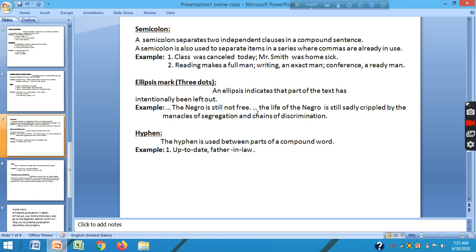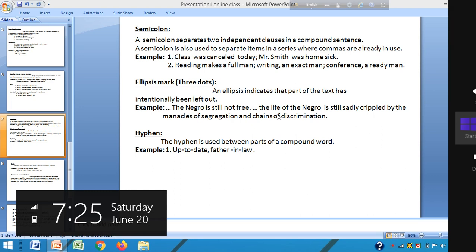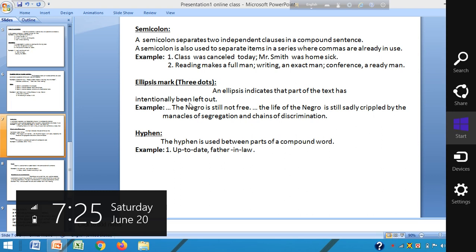Another quotation also starts with three dots: "...the life of the Negro is still sadly crippled by the manacles of segregation and the chains of discrimination." Here, dear student, you see that a portion of the sentence is omitted.